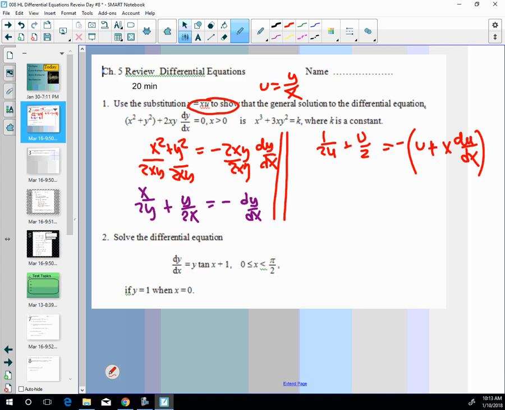And I kept that negative over there. So I have 1 over 2u plus u over 2 equals negative u plus minus x du/dx.